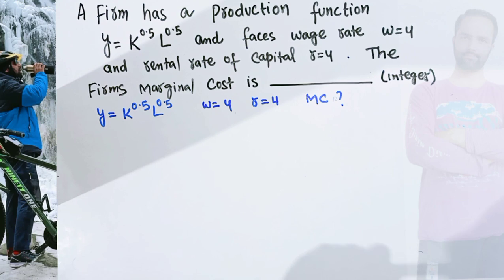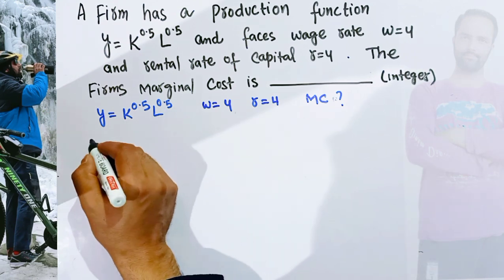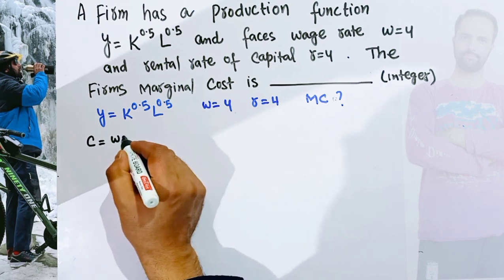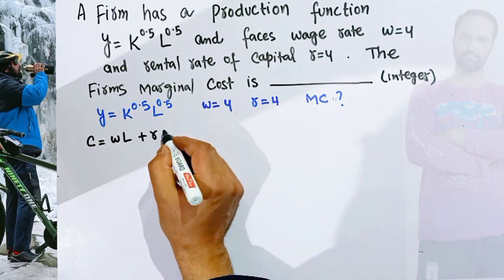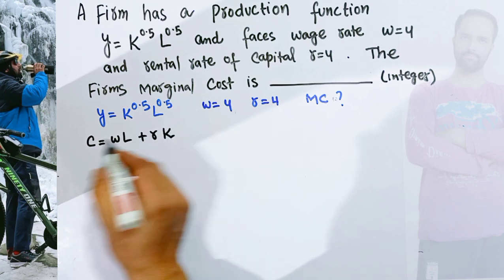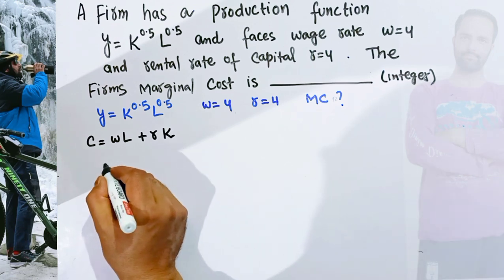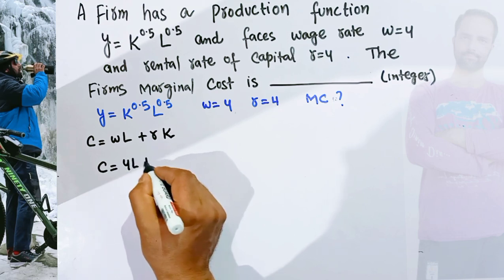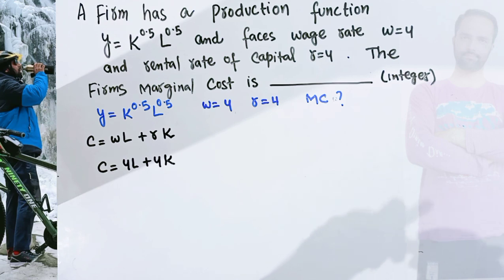First, let us see what the total cost of the firm is. Total cost equals wage rate times units of labor employed plus rental rate of capital times units of capital employed. So our cost is 4L plus 4K. This is the total cost.